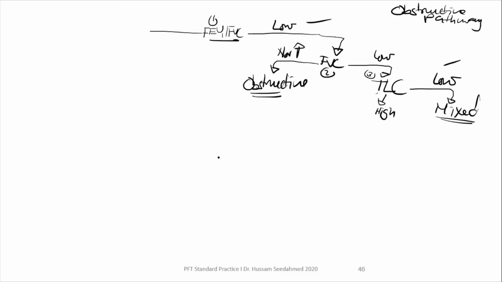So this is obstruction plus hyperinflation. لأنه TLC high. The TLC is high معناته this patient is breathing with larger volumes وعنده features بتاعت obstructive والFVC low والTLC high. This is obstruction with hyperinflation.